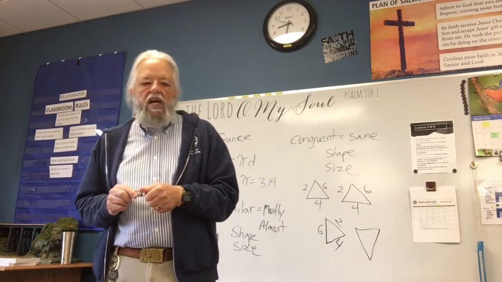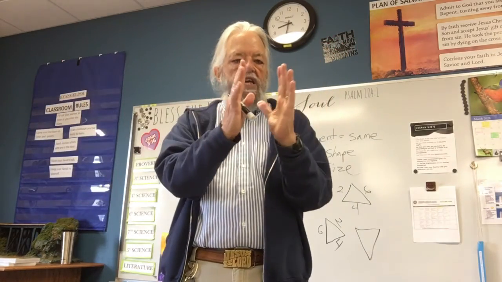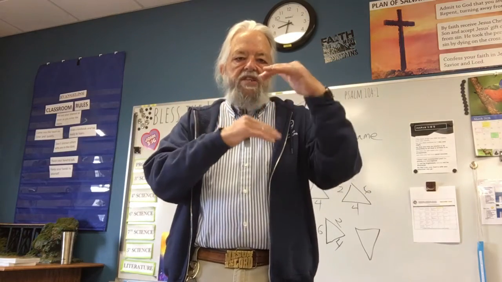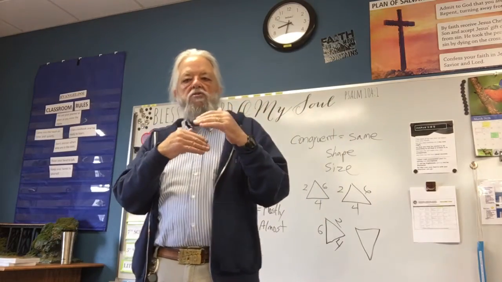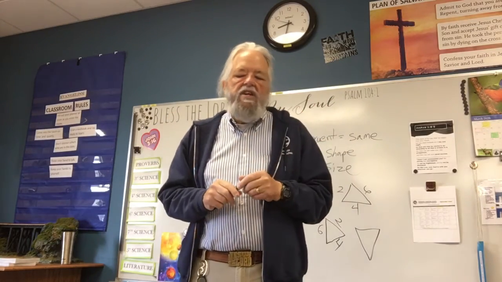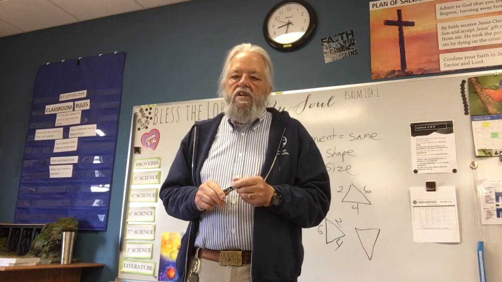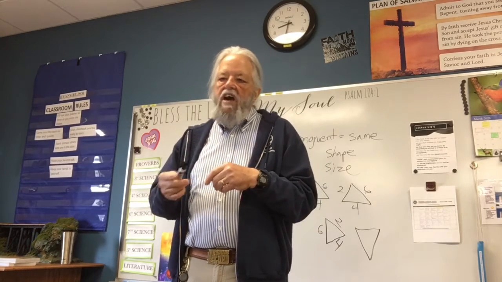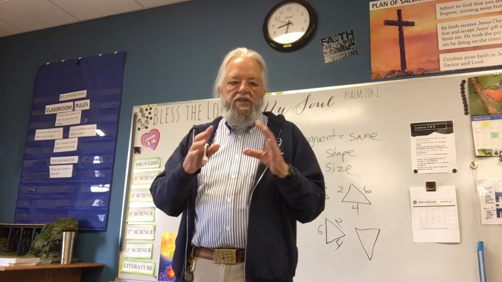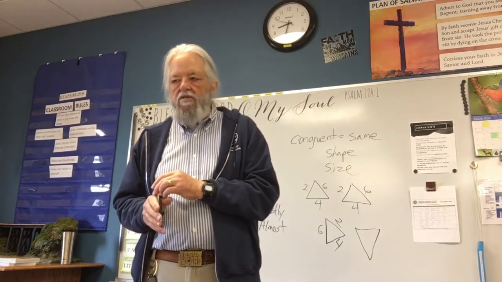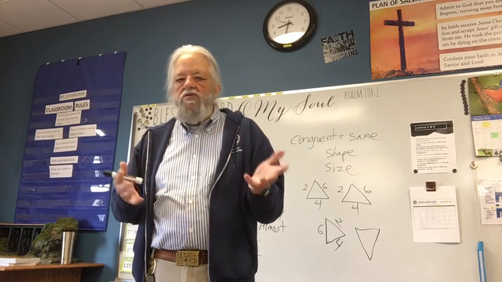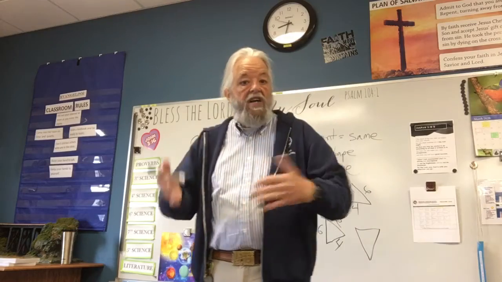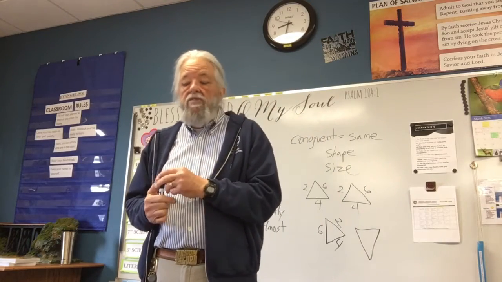Okay? And so it's just like when we were shrinking a photo or expanding a photo. It's going to be the same shape, but the measurement of the sides and all are going to be different. And all of the sides have to be in the same proportion. Okay? If you reduce one side by 2, all the other sides have to be reduced by 2.